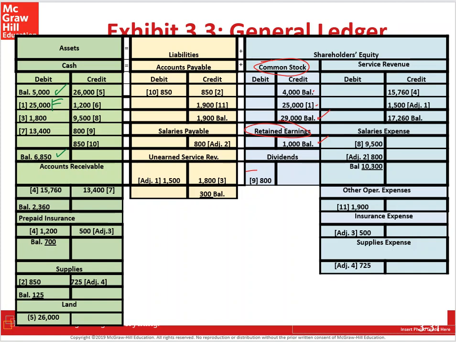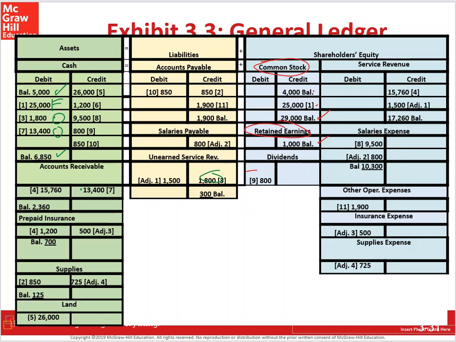Then we've got an inflow of 1,800, which I believe that was from unearned revenue. So that's money in from customers. That's an OA. Then let's see, we've got an inflow of 13,400. That was from accounts receivable. So again, that's money in from customers. That's OA. So that's all of our inflows.